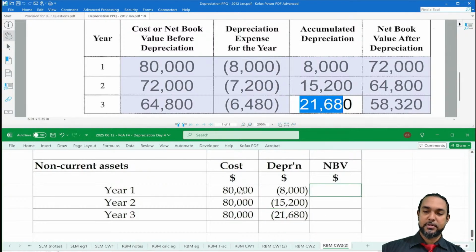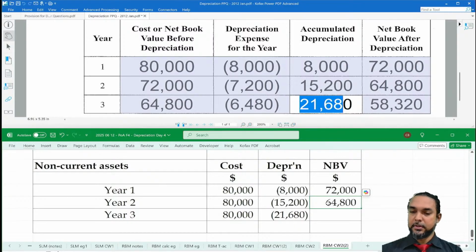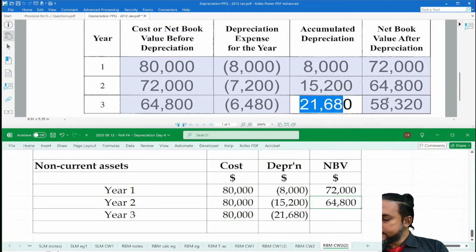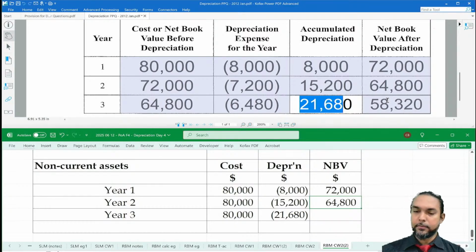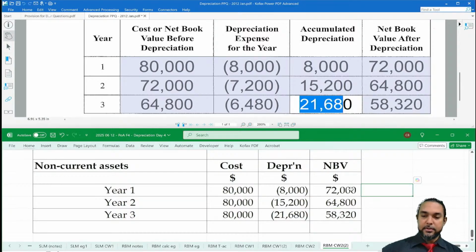All we have to do is subtract going across. 80 minus 8 is 72, which matches here. 80,000 minus 15,200 is 64,800, which matches here. And then 80,000 minus 21,680 gives us 58,320, which of course matches here. So that's the balance sheet extract for this question.